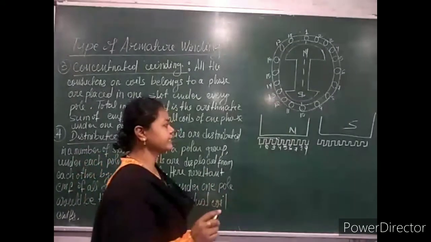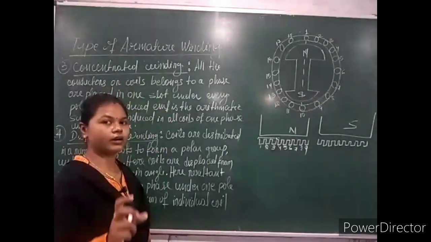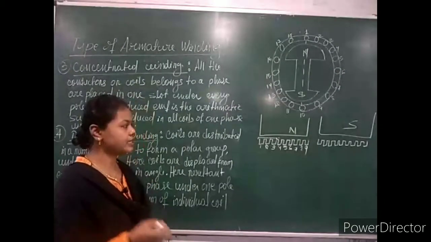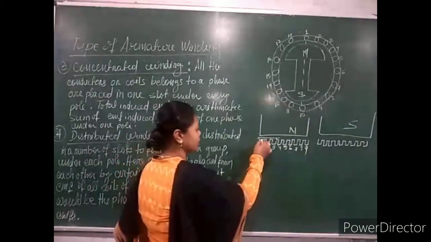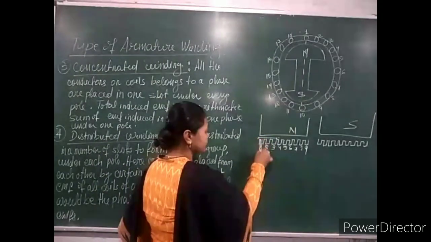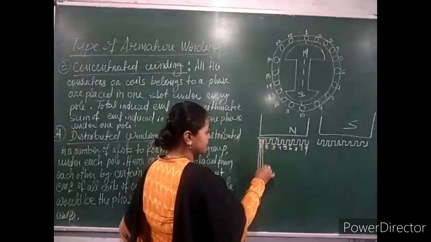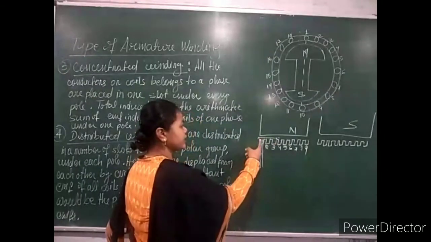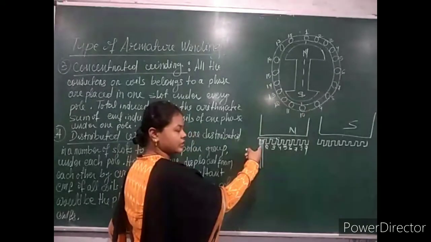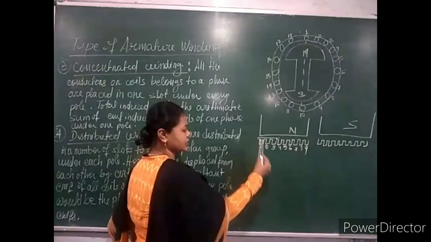So in concentrated winding, all the coils are concentrated or placed in a single slot. Suppose the coil has 3 turns. So they are concentrated in a single slot belonging to each phase.